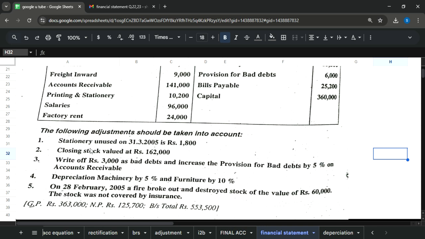The third adjustment is very interesting and you need to be focused. Write off bad debts, as usual, but here the wording is increase in provision for bad debts, and secondly, by 5%. Please note it down: increase provision for bad debts and then by. This combination is vital for you. Whenever it appears, we will change our procedure as we did in the previous question.